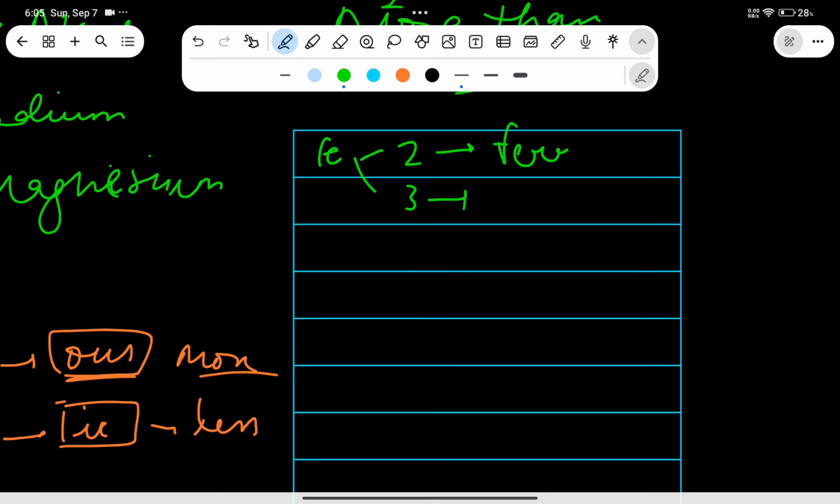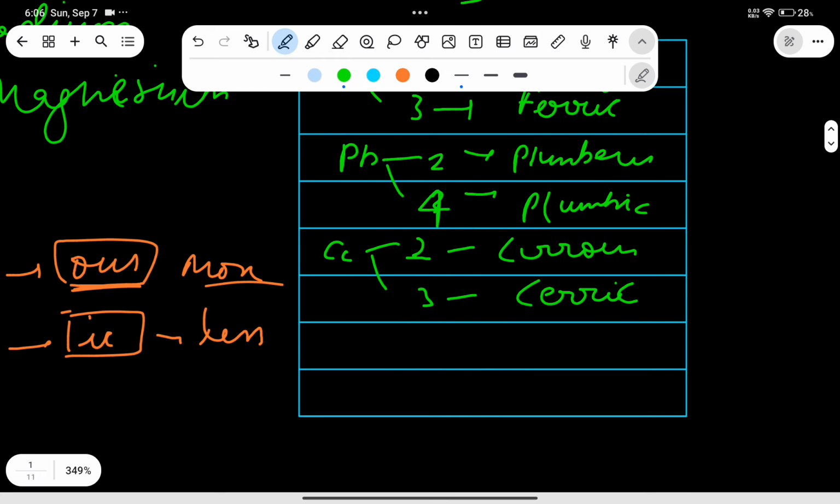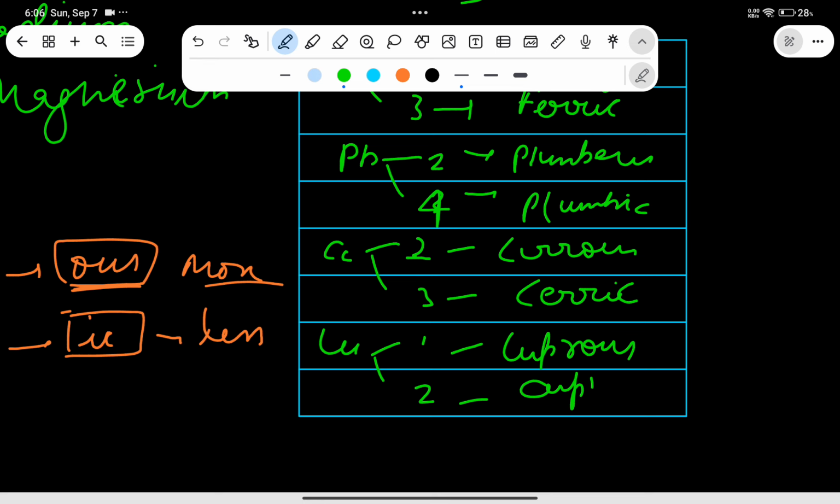For example, this would be ferrous, and this would be ferric. Similarly for Pb, it can be 2 and 4, and accordingly it would be plumbous, plumbic. Similarly, Ce can exist in 2 and 3 oxidation states, so it is cerous, ceric. The last example I'm going to take is copper, which exists in 2 and 3 oxidation states, so it is cuprous, cupric.